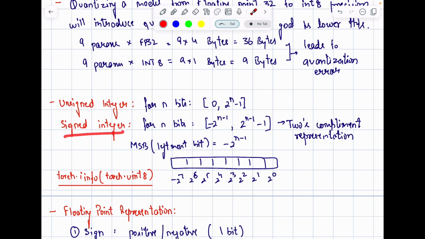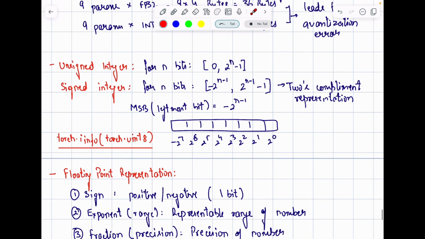Similarly, for signed integers, for n bits, you can represent minus 2 raised to power n minus 1 to 2 raised to power n minus 1 minus 1. Because this is called 2's complement representation, there is one extra negative number that you can represent as compared to the positive numbers, because one of the values will be occupied with the 0. Okay, so this is the representation for that.